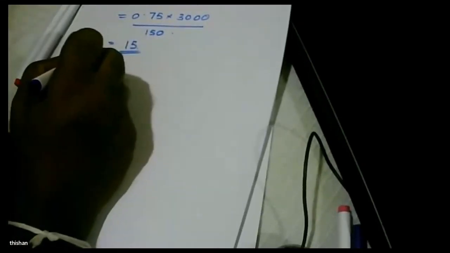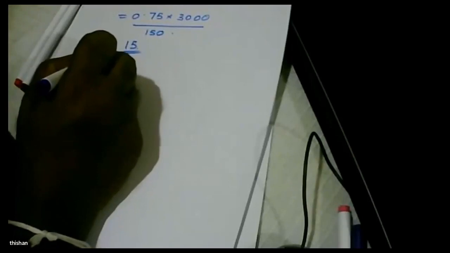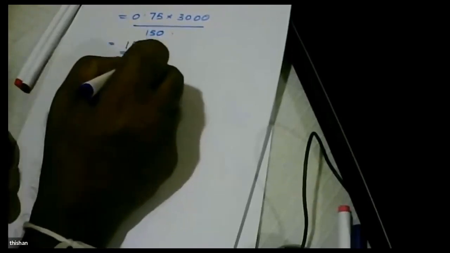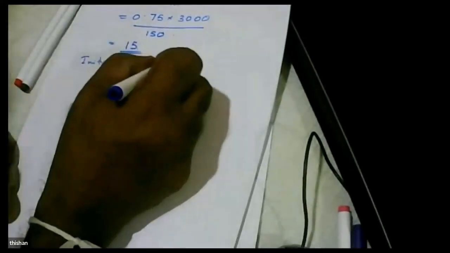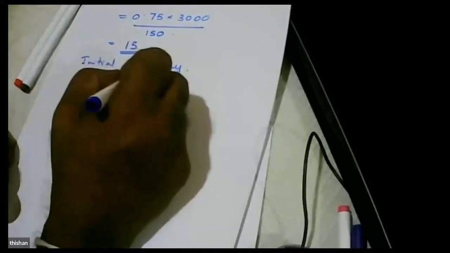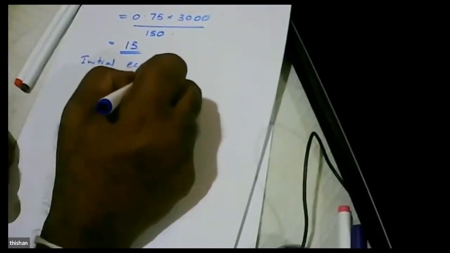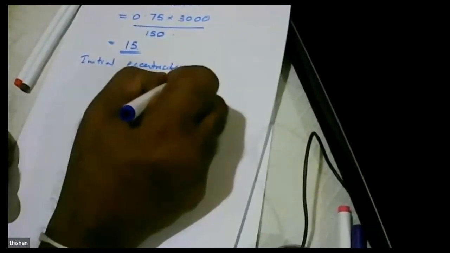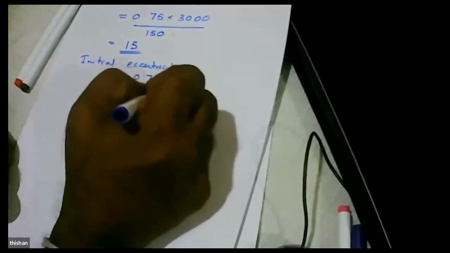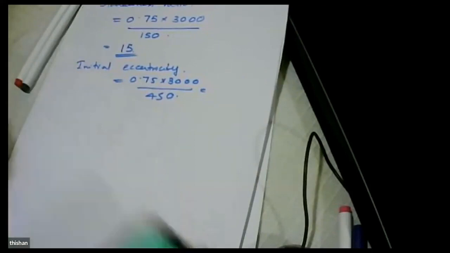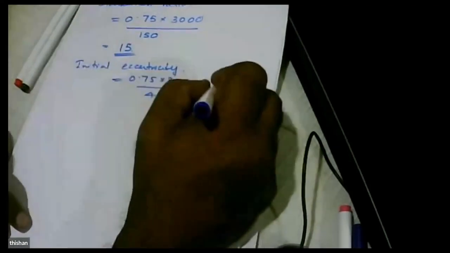Then also we have to see what is the initial eccentricity. And that is 0.75 into 3000 effective height divided by 450, which is 5 millimeters.